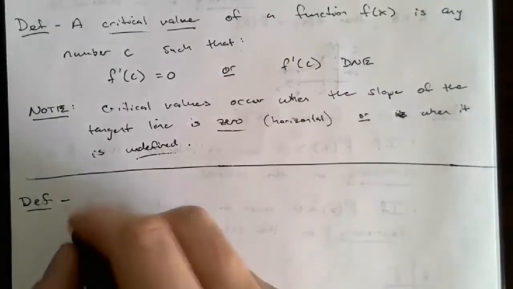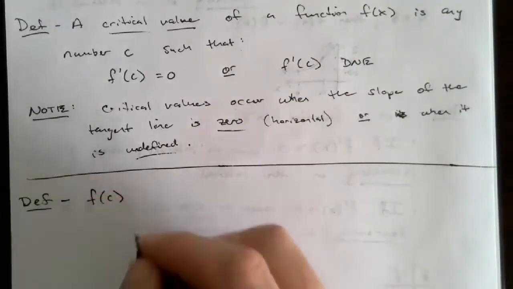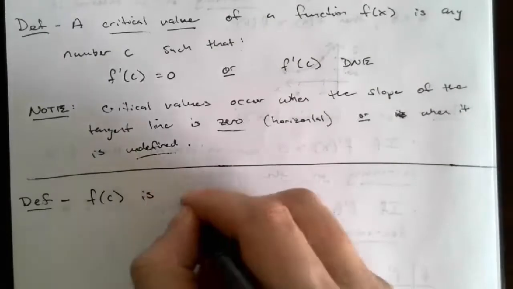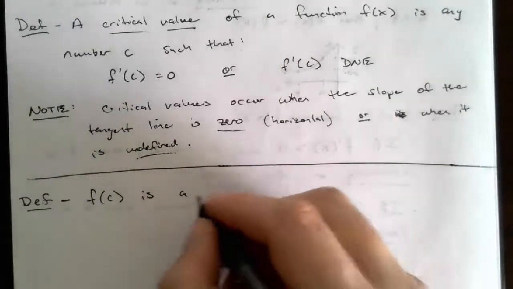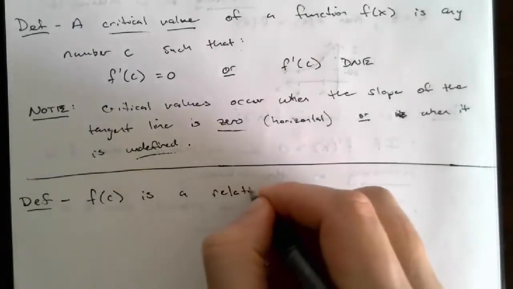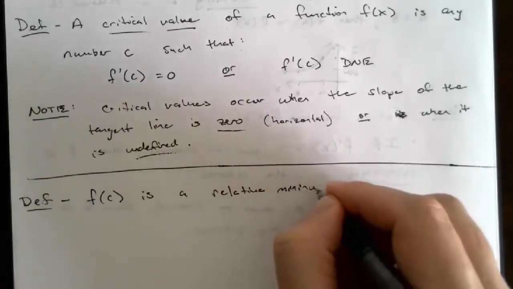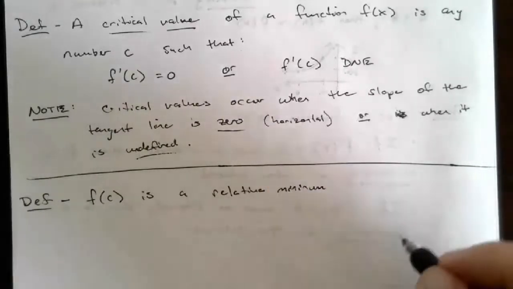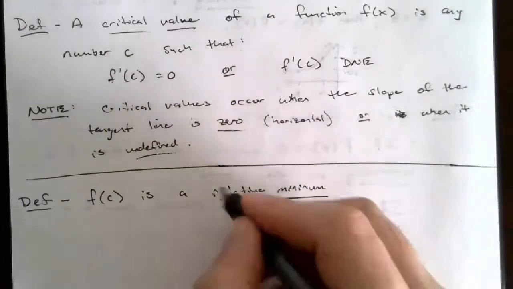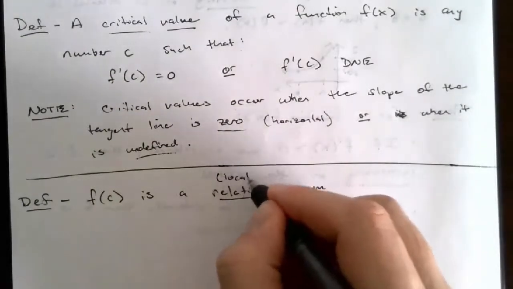So for this definition, if I said I had f of c, so f of c is a relative minimum. And sometimes instead of relative, they might say local.